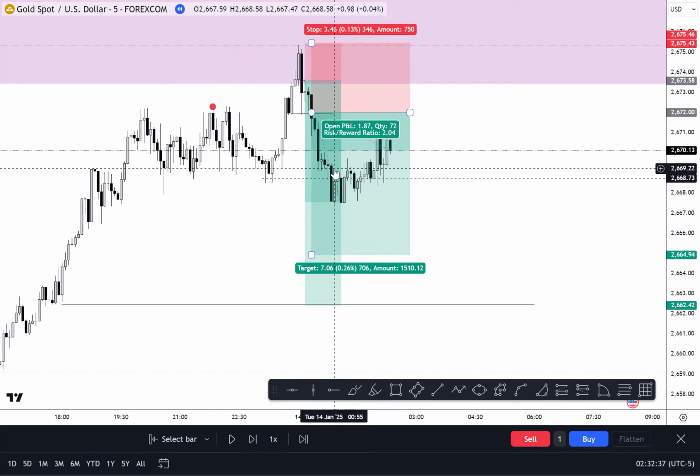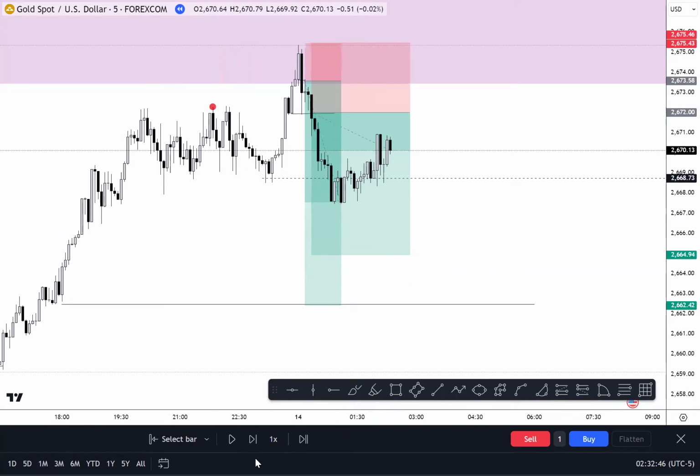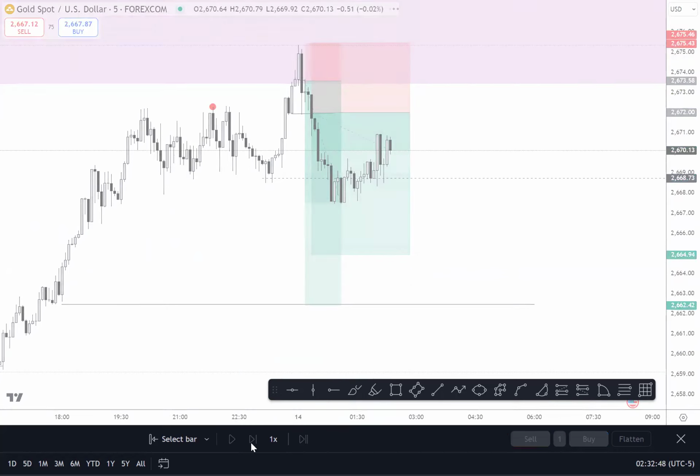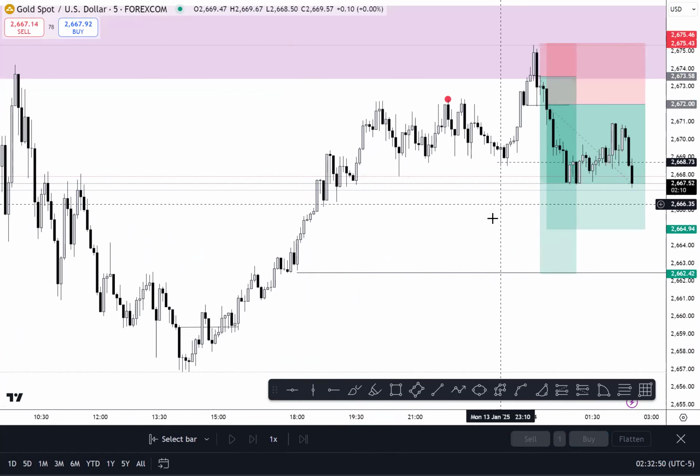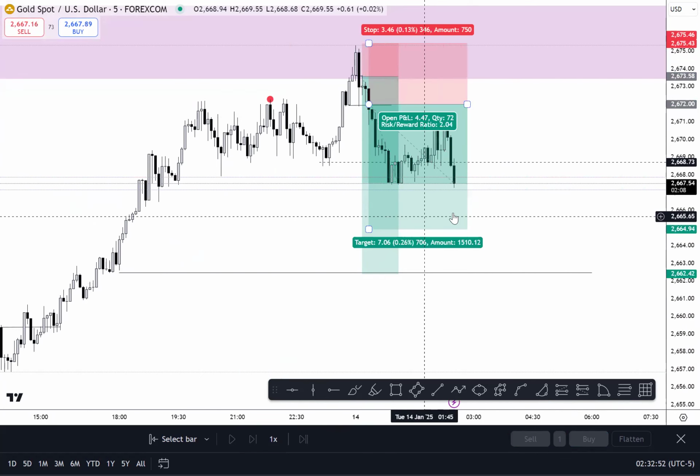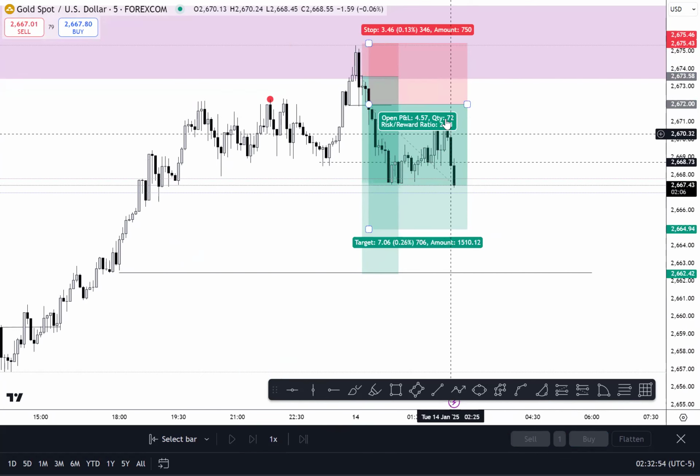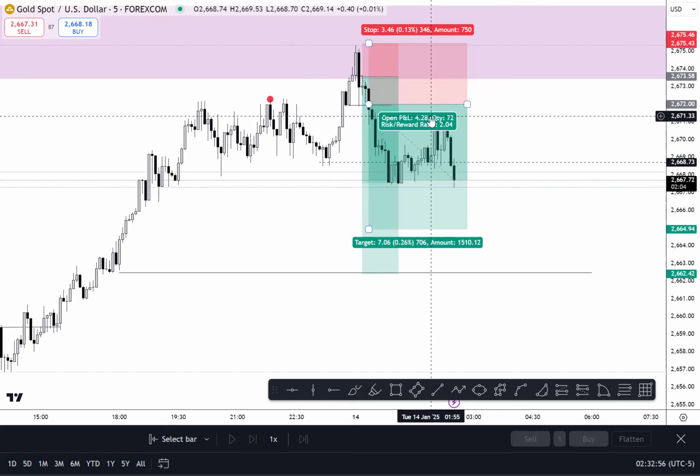So price could still come back and then go below. Let me just play the rest and let's see. As you can see, we are back to the live chart. Currently this is where price is. From my phone here, I'm still in the trade and it's still running.